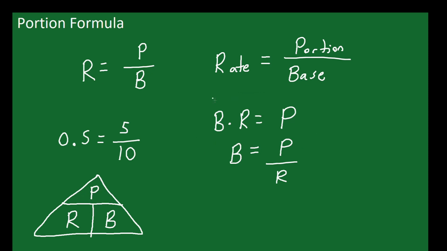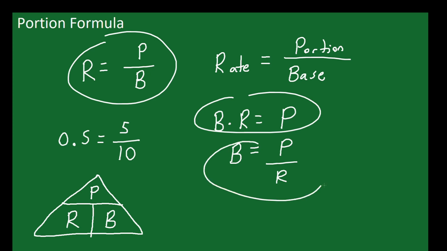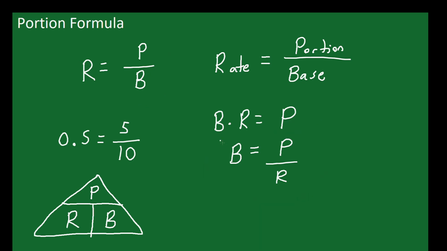So if you want to use this triangle as a way to help you remember these formulas, you absolutely can. But it's also okay just to remember this and change it to this or change it to this depending on what you're looking for. You can really remember any one of these three, and once you remember that one, you can adjust it to look like the other two. It's completely your call, whatever you're comfortable with.